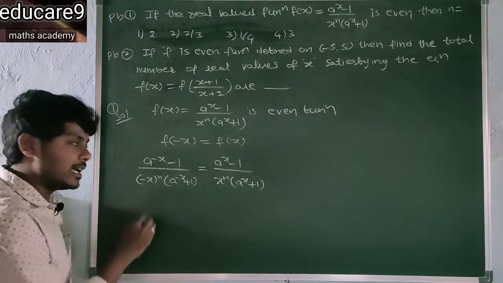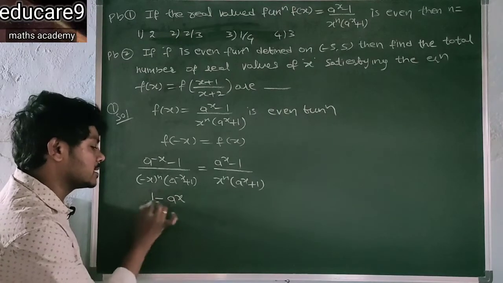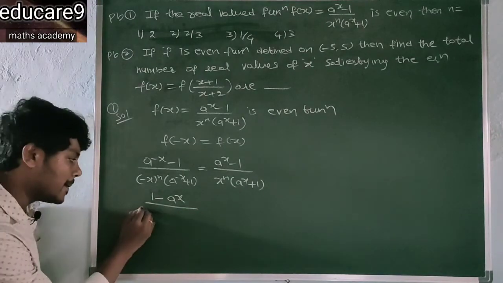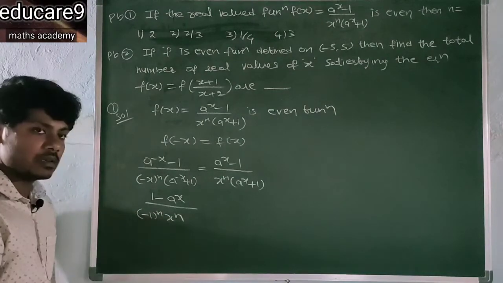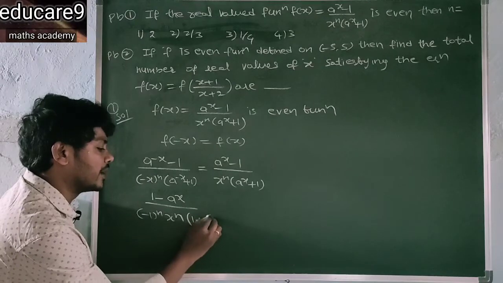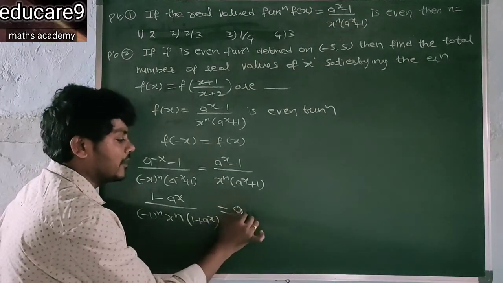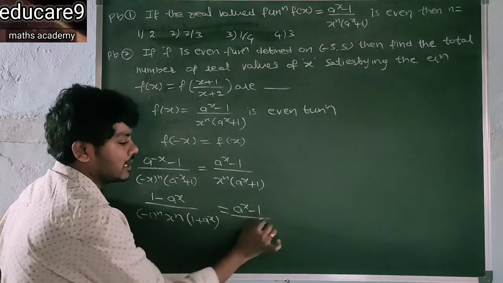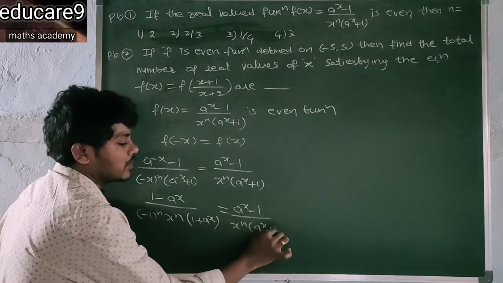So this can be written as (1 − a^x)/((−1)^n x^n (1 + a^x)), which is equal to (a^x − 1)/(x^n (a^x + 1)).